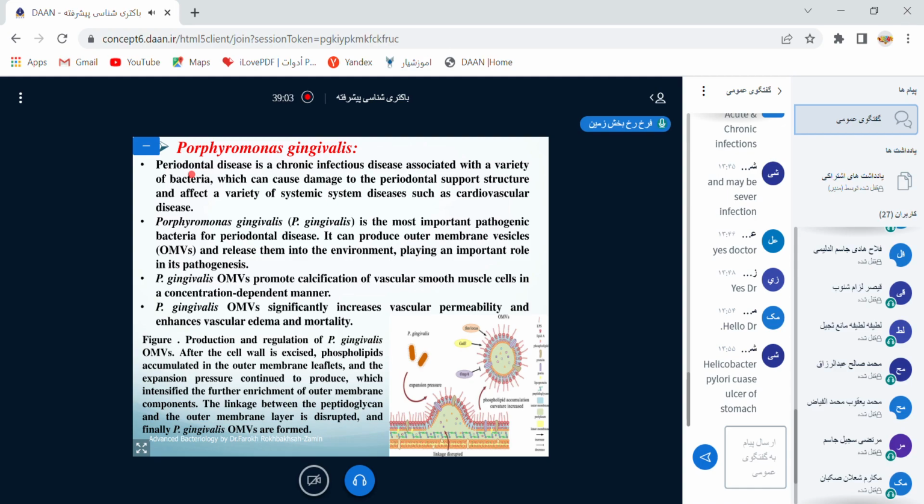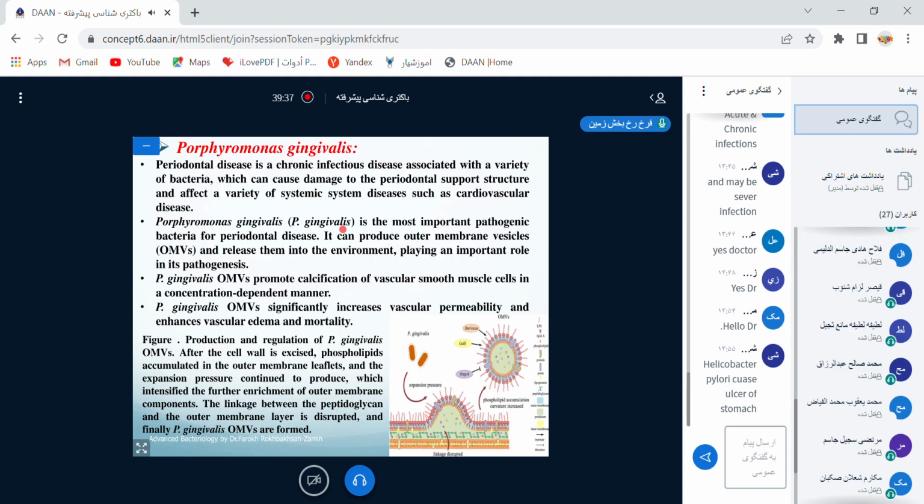Periodontal disease is a chronic infectious disease associated with a variety of bacteria, which can cause damage to periodontal support structure and affect a variety of systemic diseases, such as cardiovascular disease.